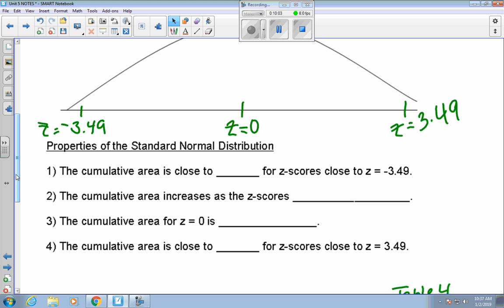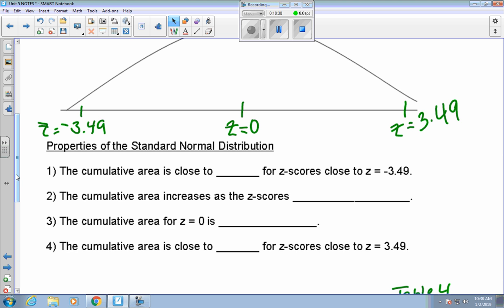The cumulative area is close to 0 for z-scores close to z equals negative 3.49. The cumulative area increases as the z-scores increase. The cumulative area for z equals 0 is 0.5000.